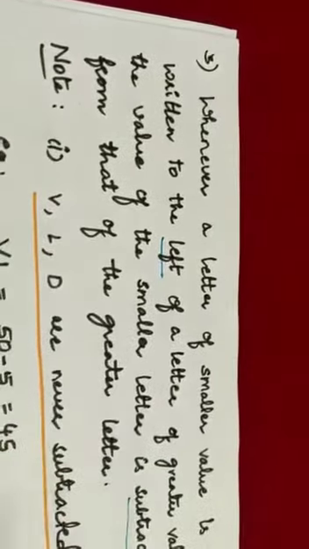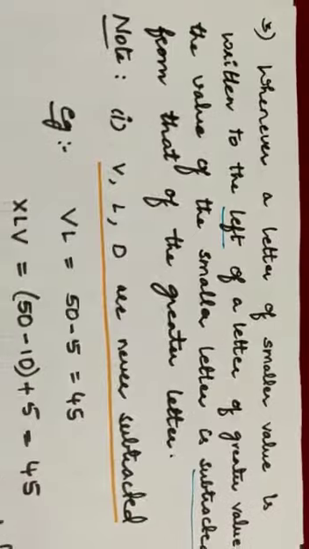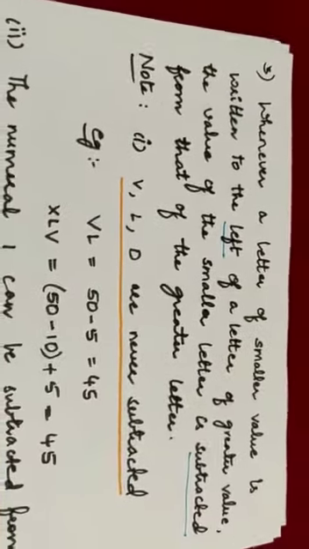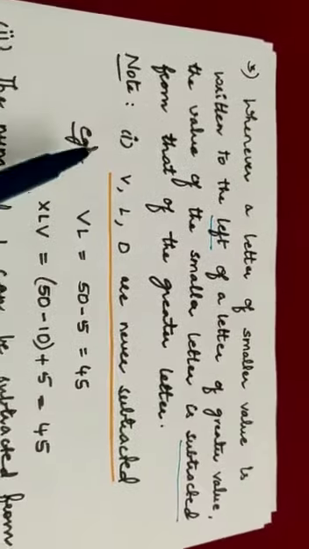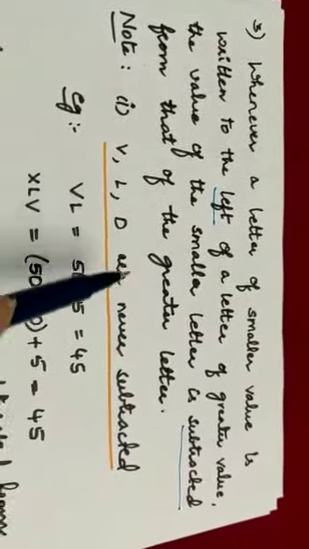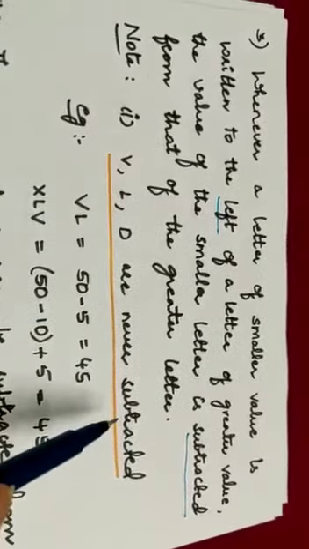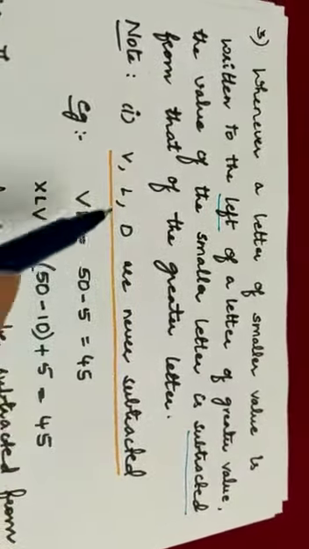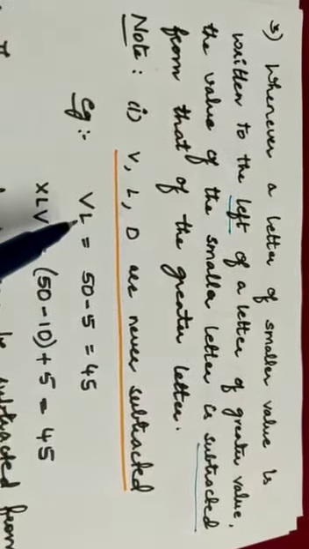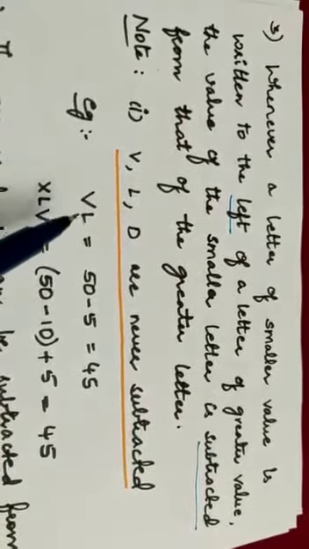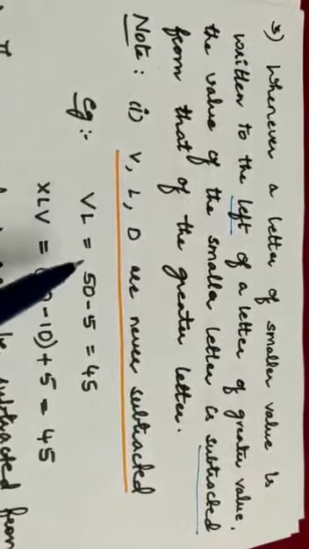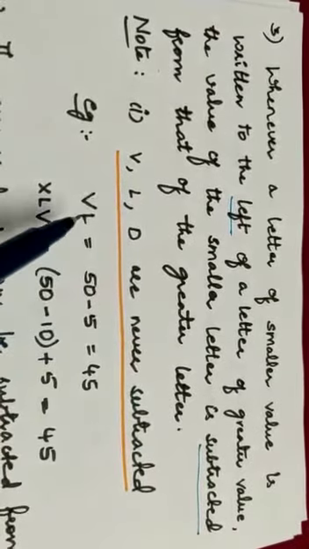In this rule 3, we have certain very important notes. So let us move to the first note of rule 3. V, L, D are never subtracted. What does it mean? L means 50.